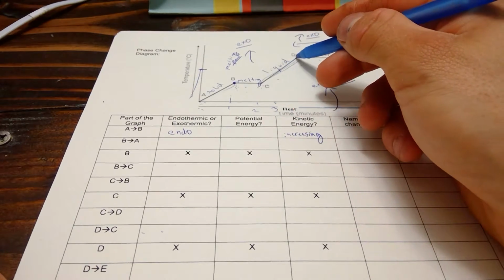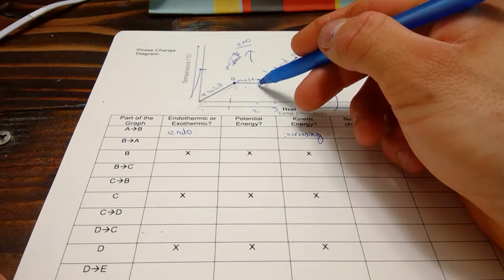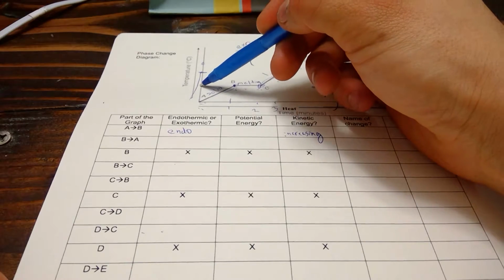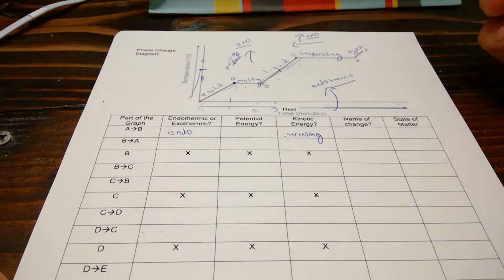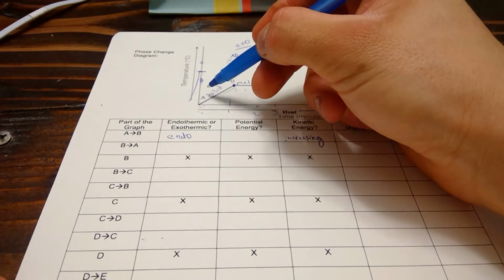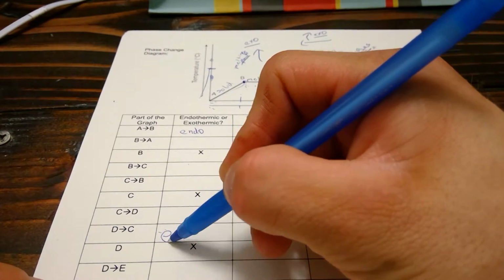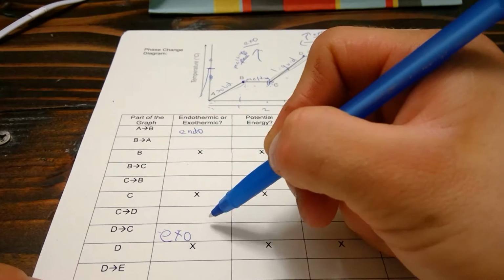You'll notice that from this point to this point, your temperature is going from this point to about that point, so you're actually decreasing the temperature. So what you're doing is you're releasing heat, so exo.